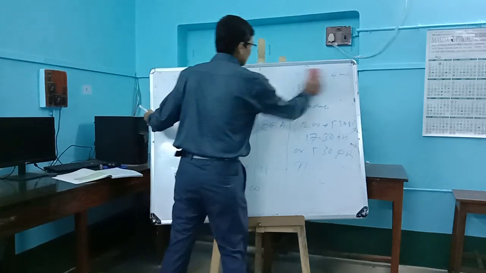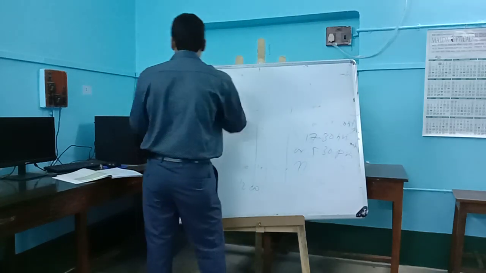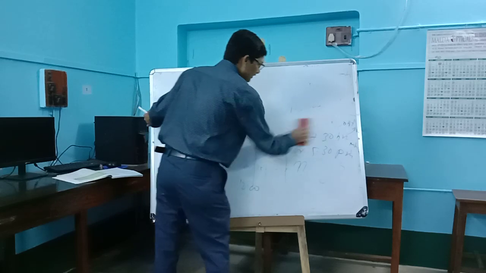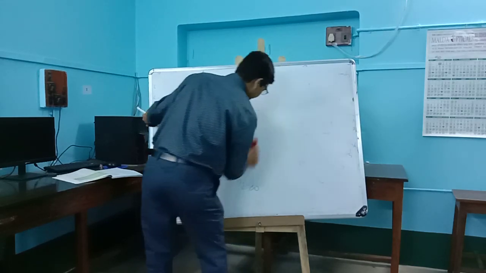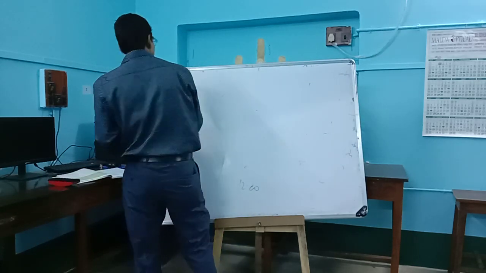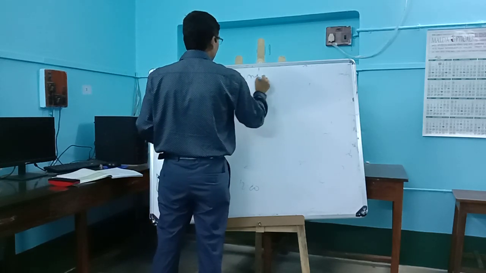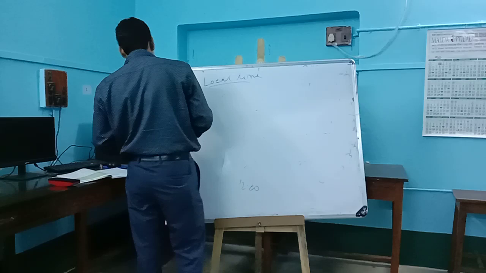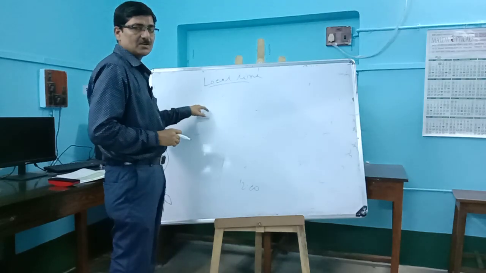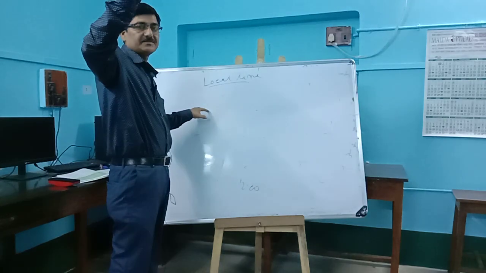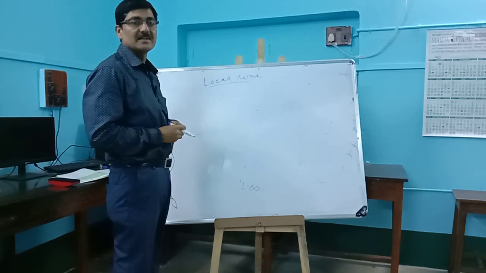Next, an important thing I am going to discuss is local time. What is local time? Local time is obtained by seeing the overhead sun.